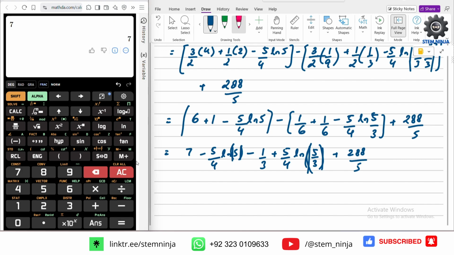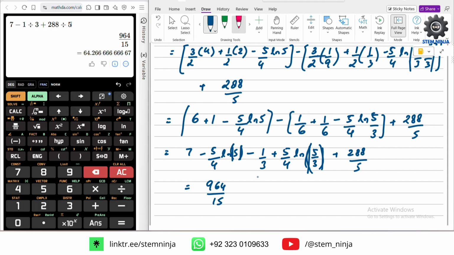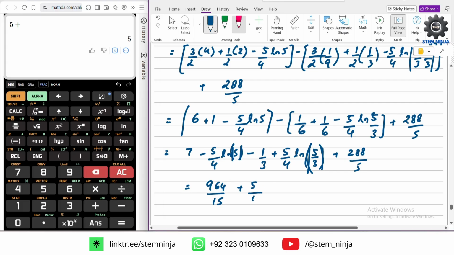So 7 minus 1 divided by 3 plus 288 divided by 5. 964 over 15, and plus, wait. You have plus 5 over 4 ln 5 over 3 minus ln 5, right?